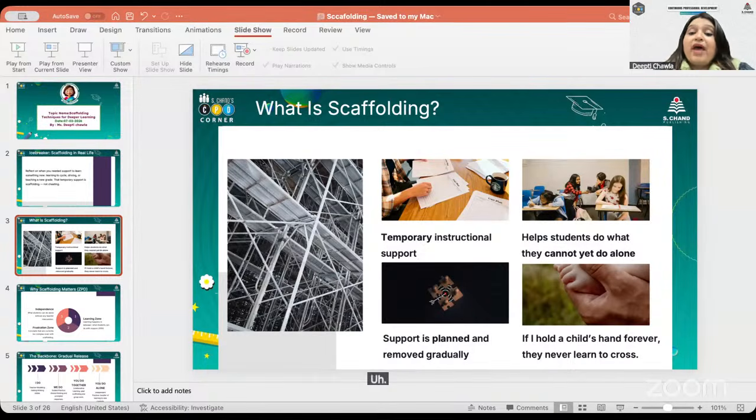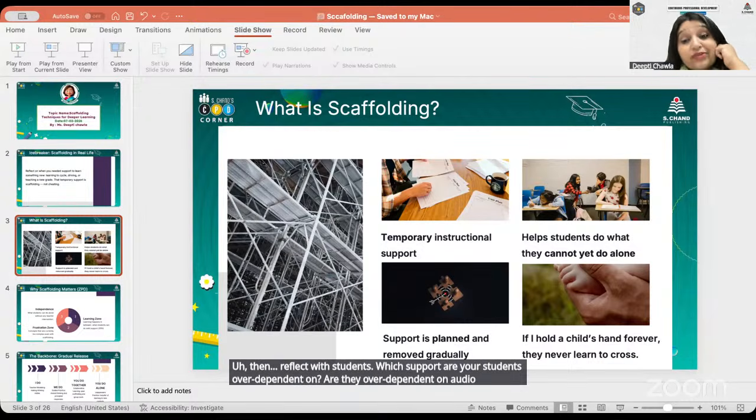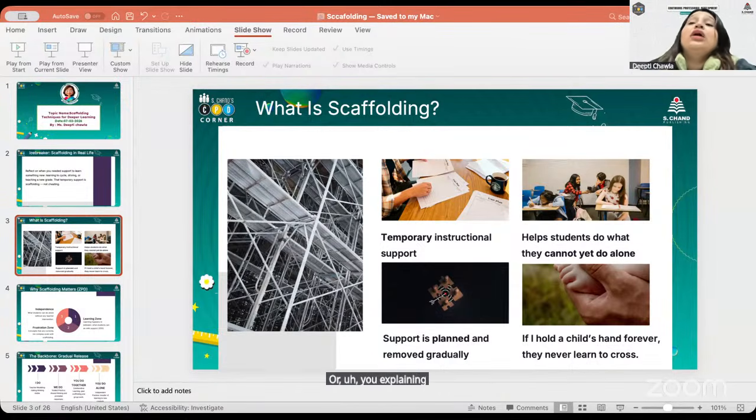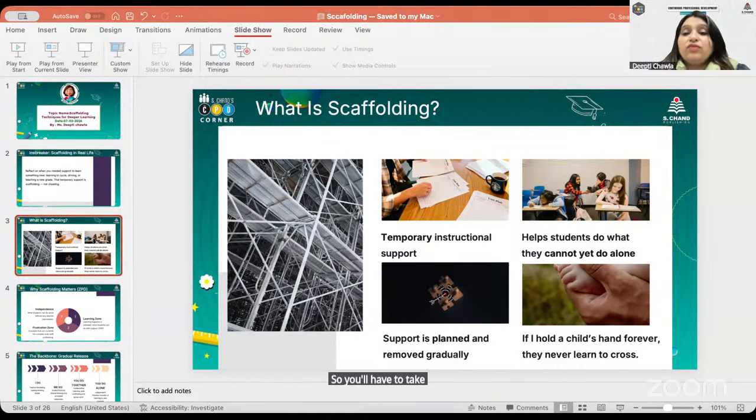Remove word banks, remove the checklist, remove frames, then reflect with students. Which support are your students over dependent on? Are they over dependent on audio visuals or organizers, or you explaining something, or are they over dependent on their peers? So you'll have to take care of all of that as you provide support.